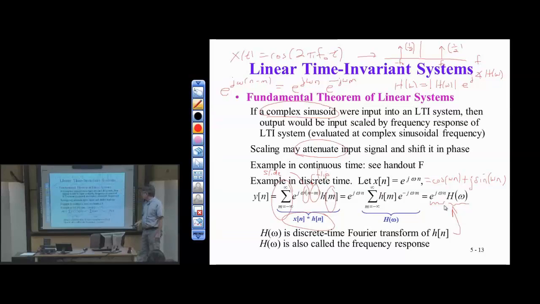This corresponds to a phase shift. So if you look at what happens in the output here, the output is scaled by the magnitude response at frequency omega and shifted by the phase response at frequency omega. Up until now, we focused mainly on the magnitude response when talking about spectrum, but now we're going to bring phase into the story. And that's part of homework 2.